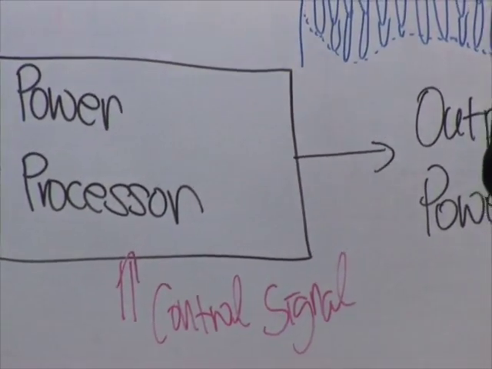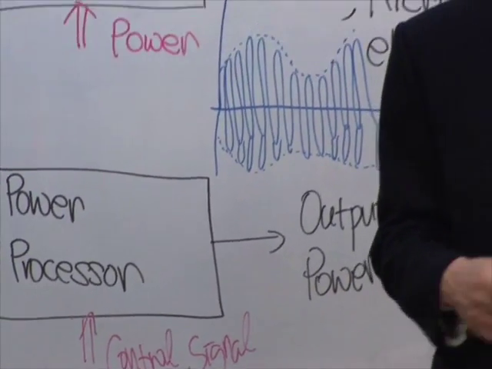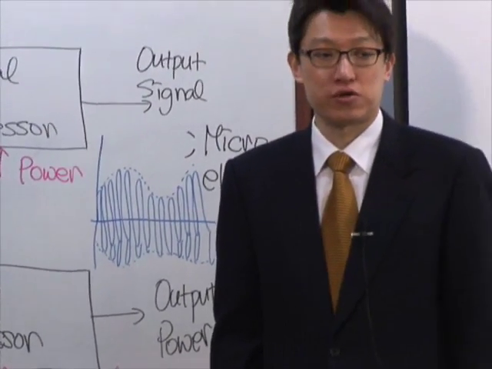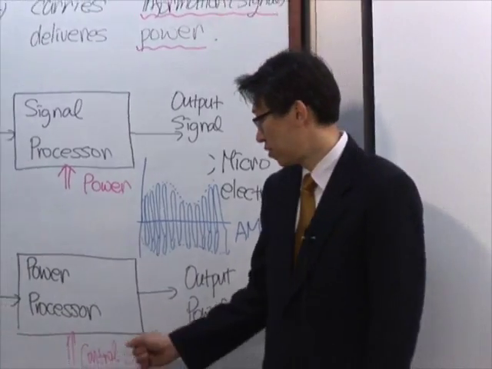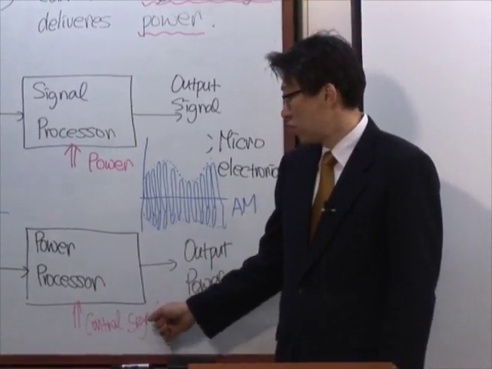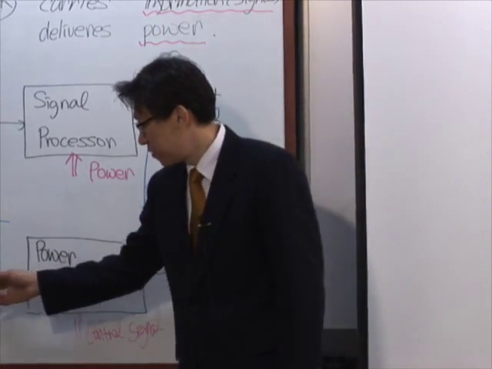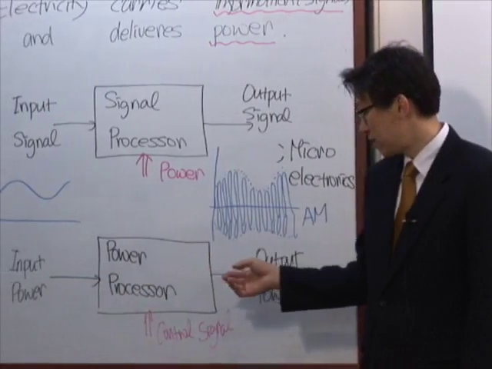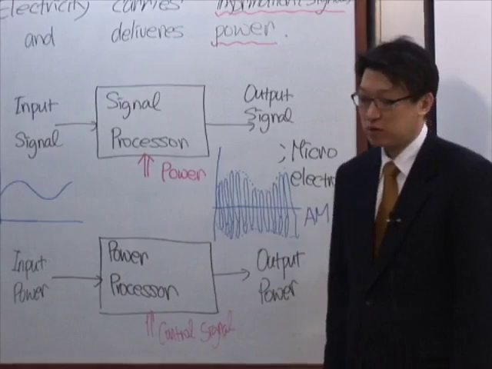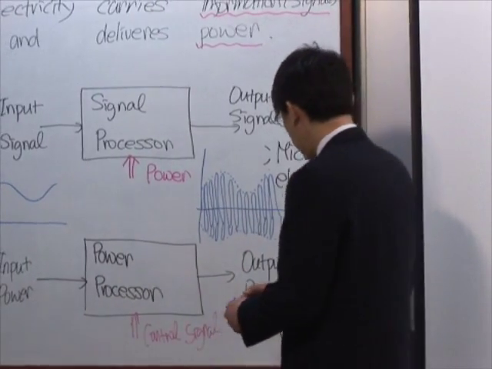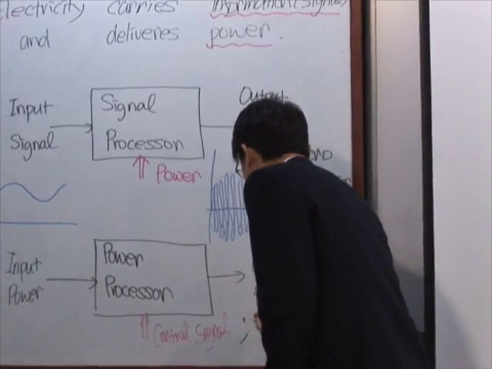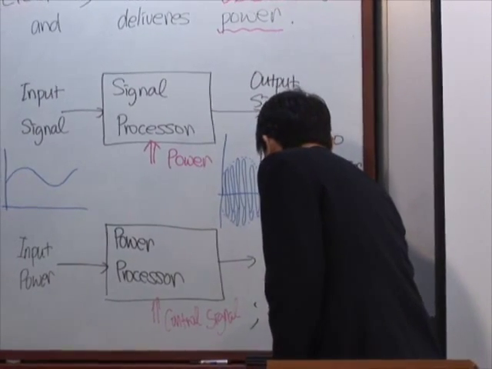This control signal is usually created by a digital signal processor, a DSP board, in power electronics. So the power processor processes the input power to make useful output power. We now describe this as power electronics.